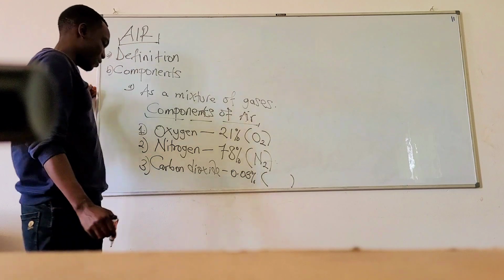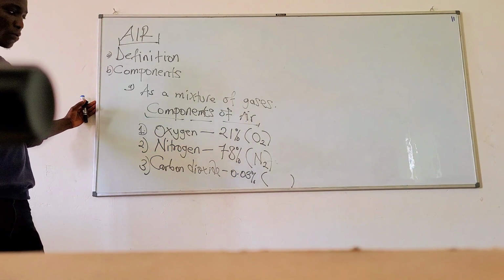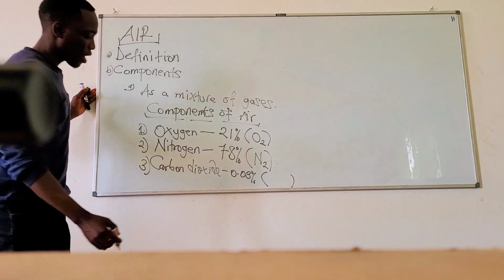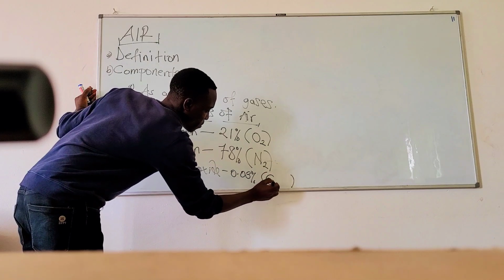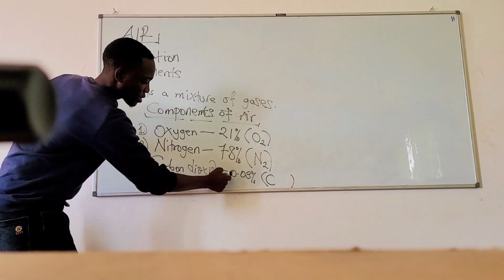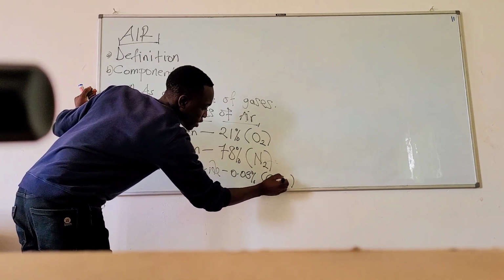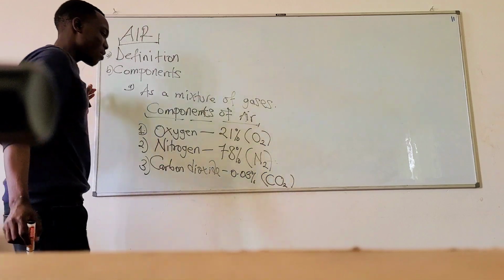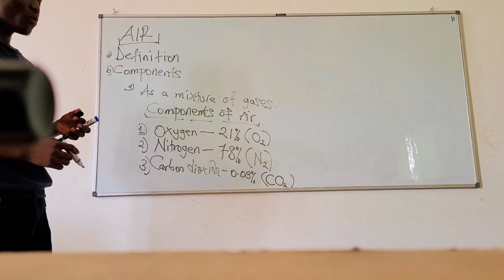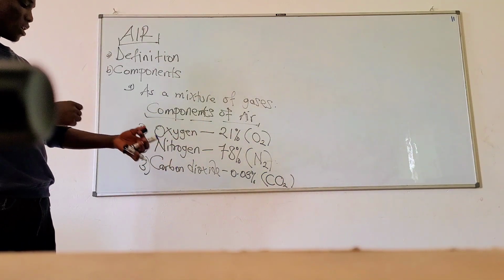The formula for carbon dioxide, just from the name, carbon dioxide, is CO2: carbon with 2 oxygen atoms.